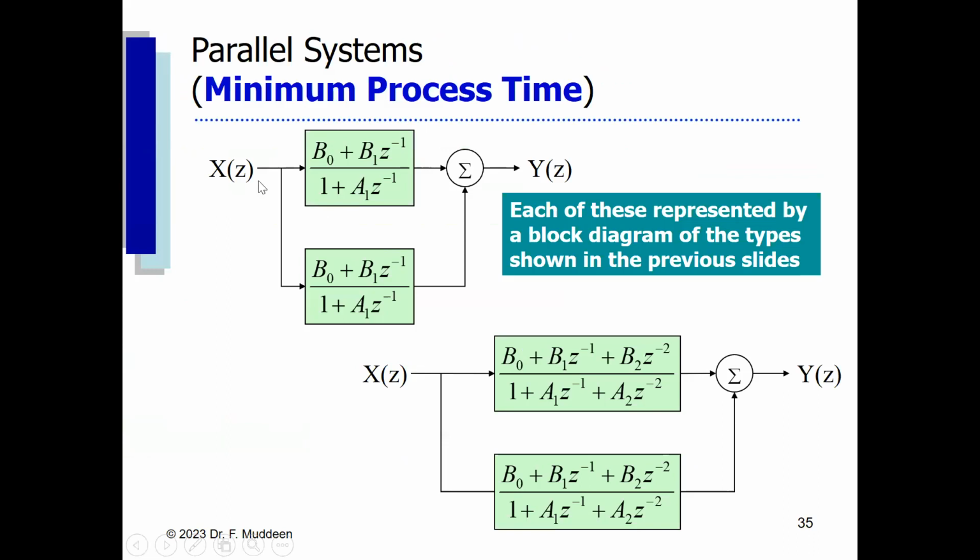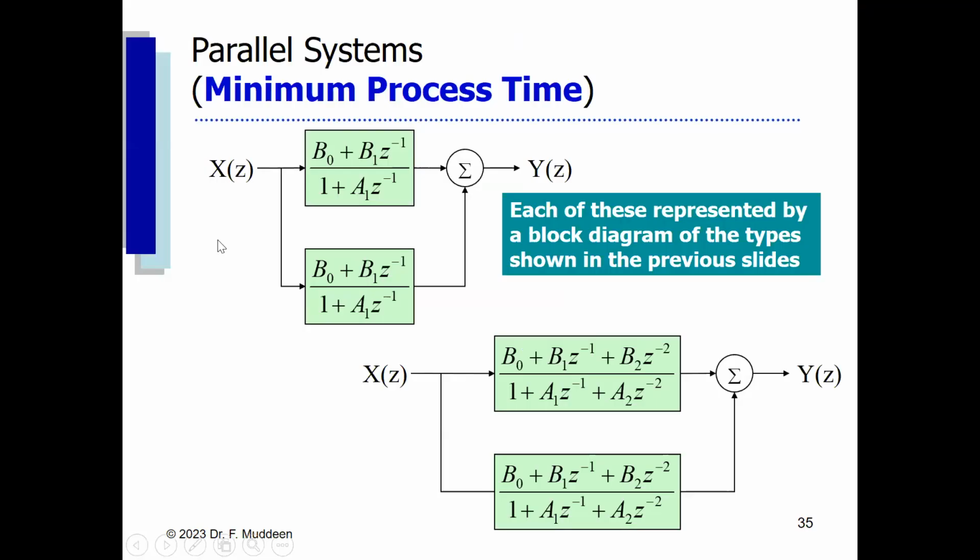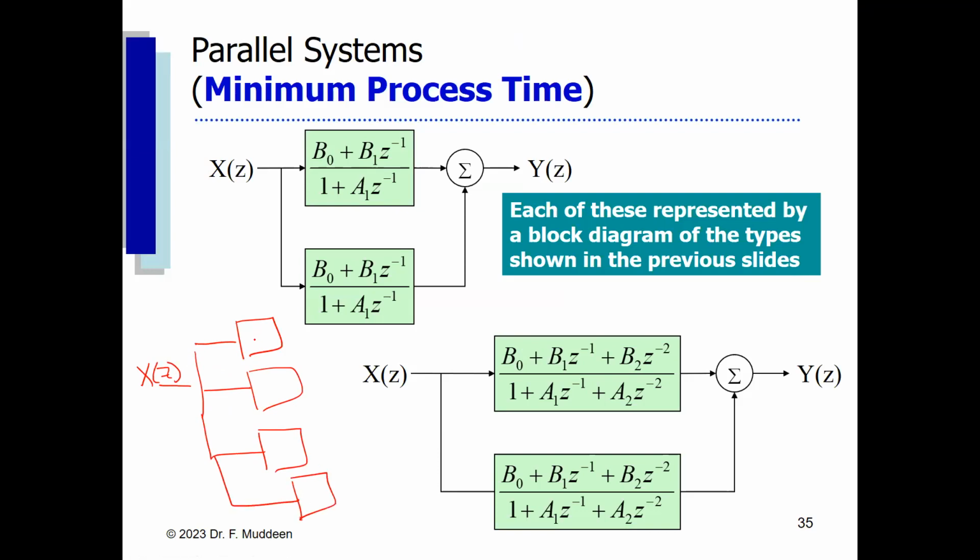So the transfer function comes in and is broken up now into, you come in here, this is X(z), you have transfer function 1, transfer function 2, transfer function 3, 4, right? These are all created by your partial fractions here.